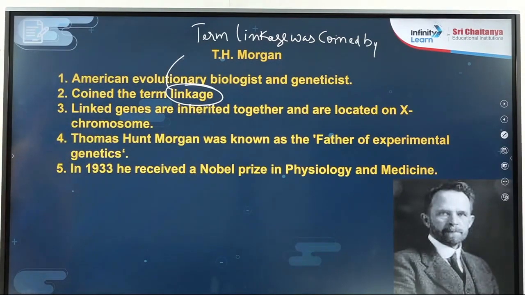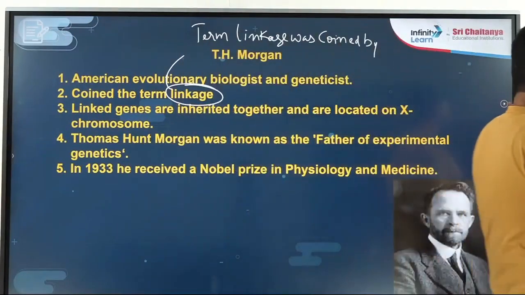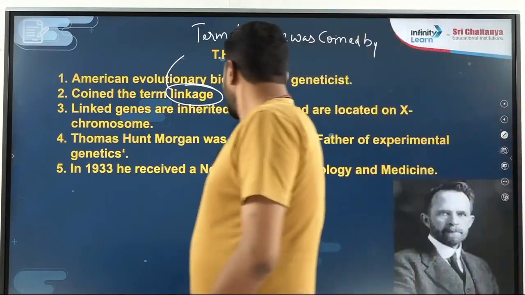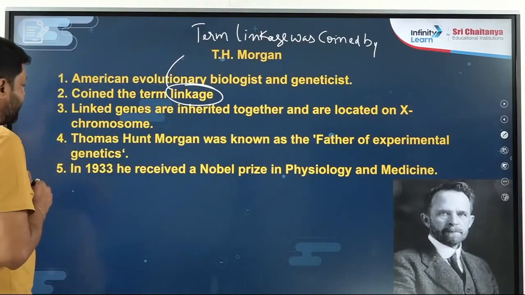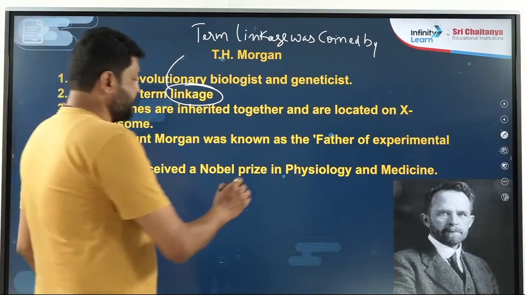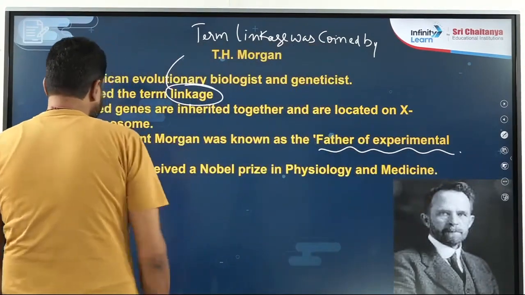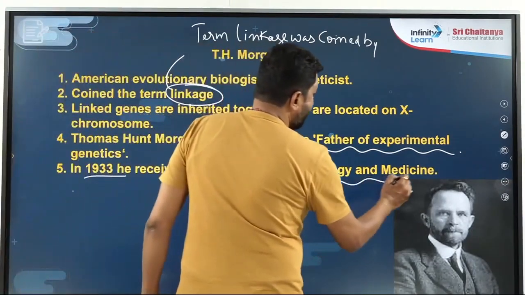So very important, the term linkage was coined by T.H. Morgan. Linked genes are inherited together and are located on the X chromosome. He studied X chromosome linkage. Thomas Hunt Morgan was known as the father of experimental genetics. I told you already in the beginning of the class. In 1933, he received the Nobel Prize for physiology and medicine.